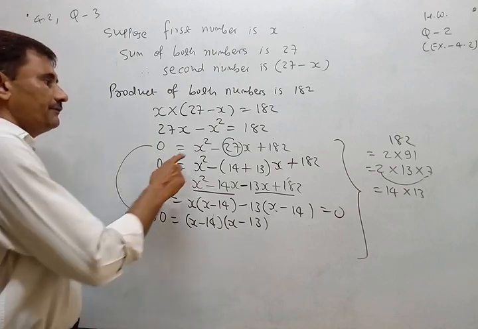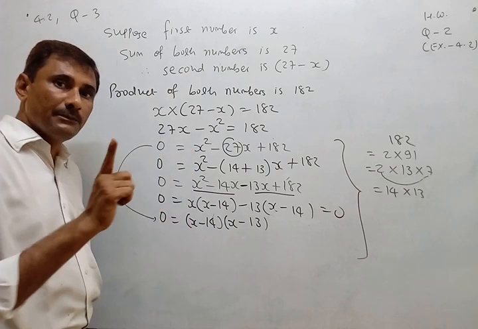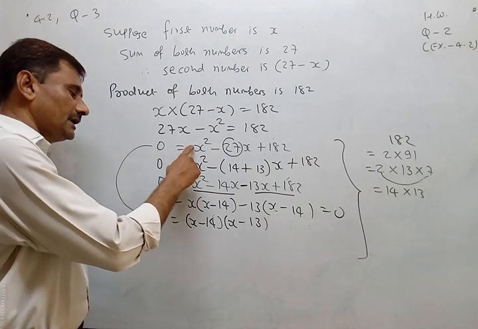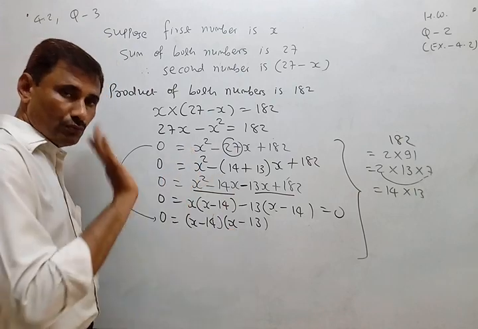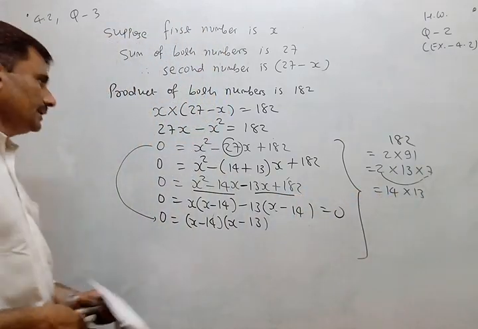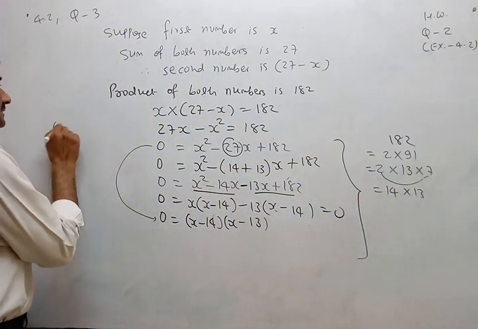Again I tell you, whenever a is 1 at a time only, not always, you can write the factors directly. How? First of all, select those factors. So 14 and 13 are given. Okay, so write down this way.